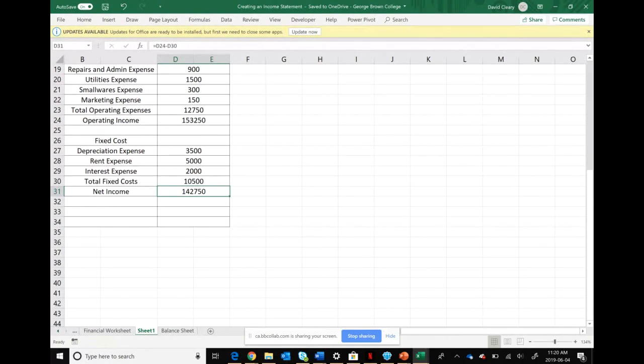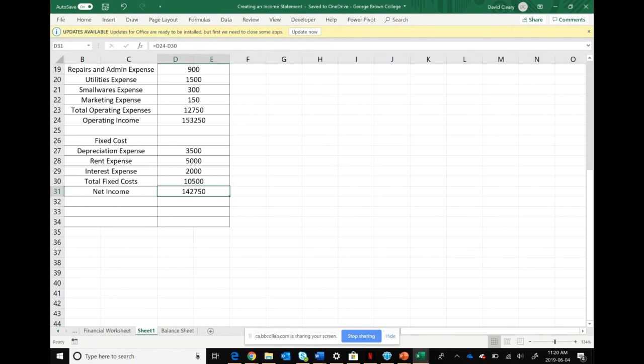Next, we do have something left over here, and it's called other comprehensive income. So we want to include that. Again, this is a special item. This is a gain or an income that has occurred on a non-recurring basis. In this case, we have other comprehensive income of $4,000.